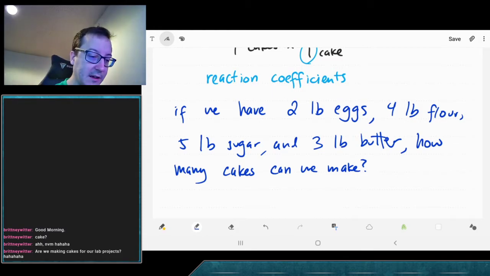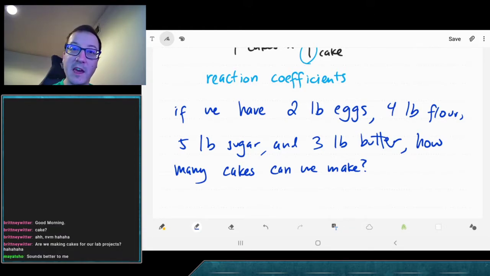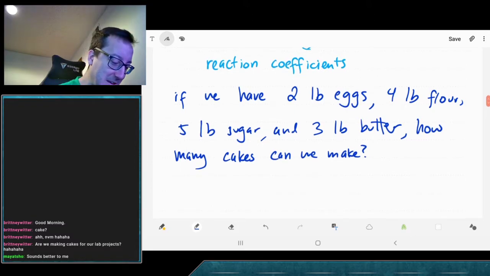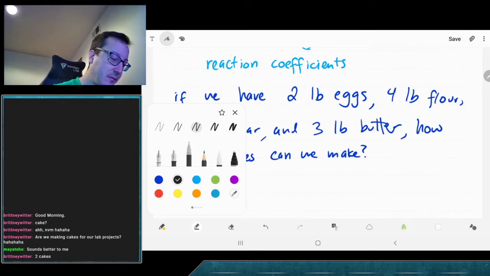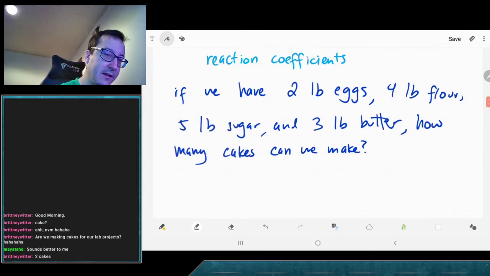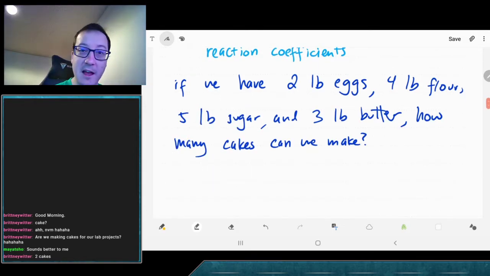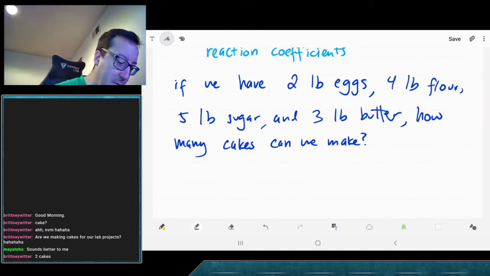All right, so let's look at this question here. It's telling us we have 2 pounds of eggs, 4 pounds of flour, and so on. And we want to know how many cakes we can make. Wouldn't that be nice? With this, you want to look at each ingredient by itself. So let's start with our eggs. Yeah, you're exactly right, Brittany, but let's see how we can do this mathematically.